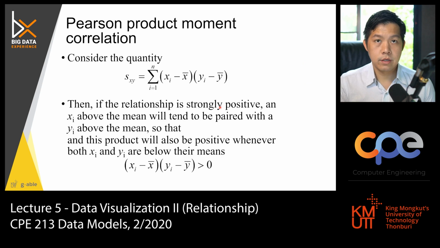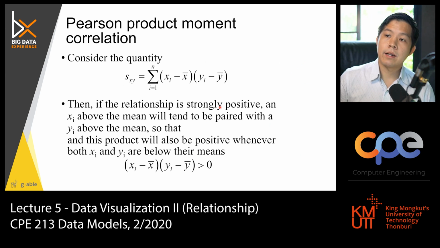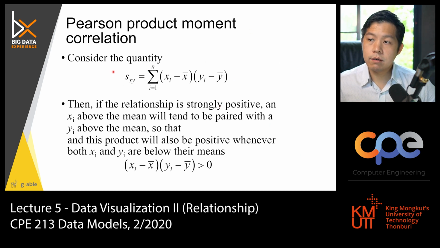How do we convert those ideas into mathematics? Pearson proposed that you can use the covariance, s_xy, to compute that value.